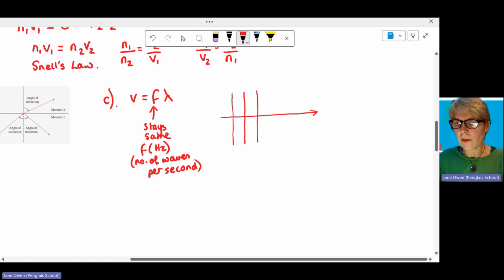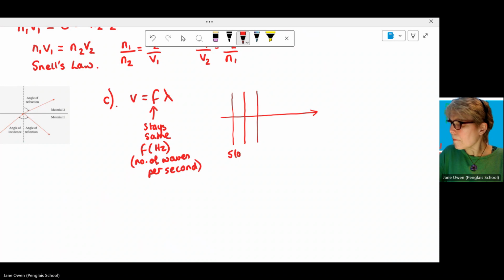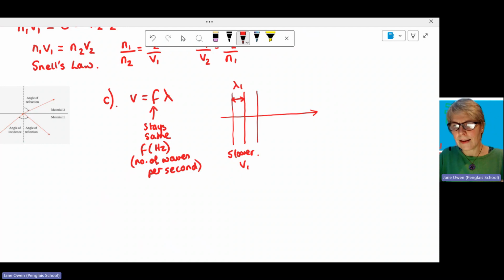So the wavelengths in the slower medium are quite close together. So you've got lambda 1 in the slower medium, V1. This could, for example, be something that's more dense to the light. In the case of water waves, a slower wave would be in the shallow. So I'm just going to relate it to light only. So we've got dense material onto a boundary.